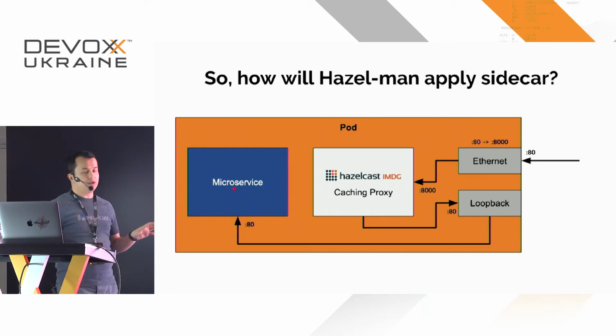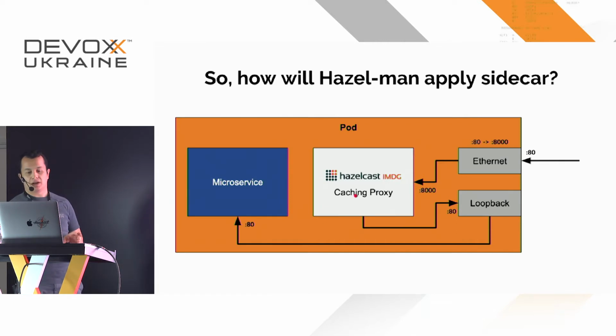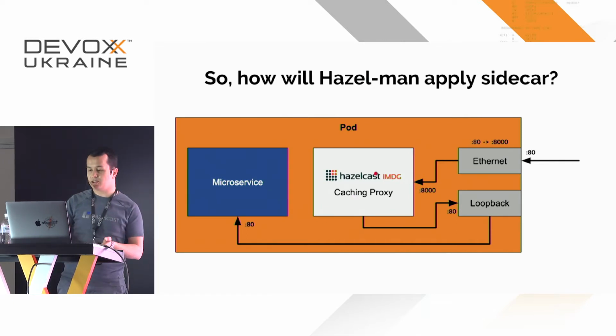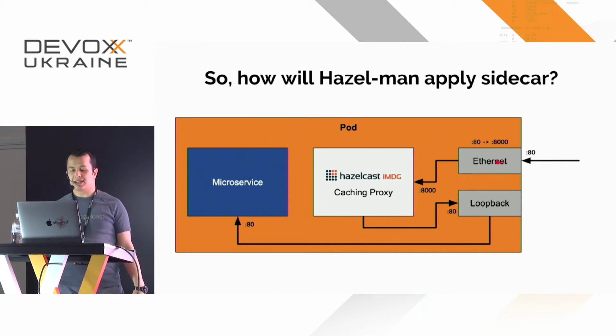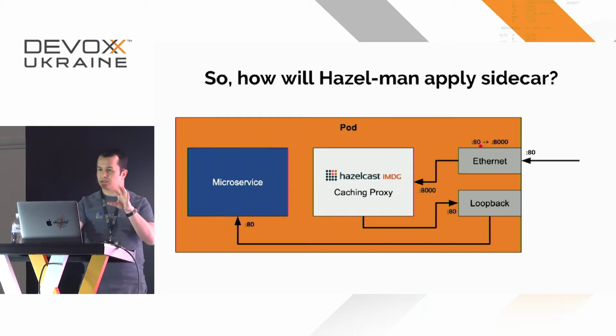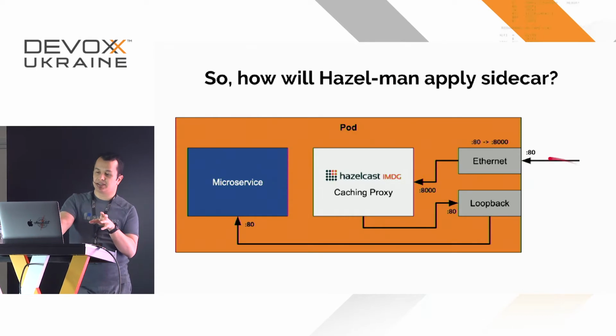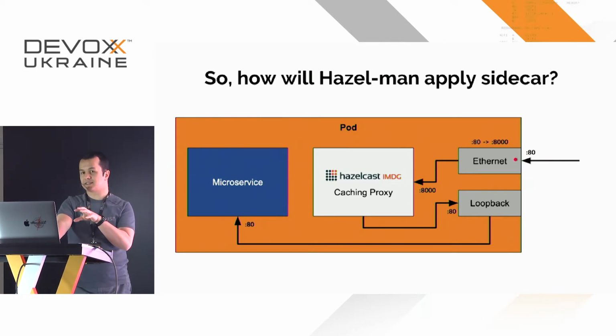And then we will have a caching proxy application, which is using Hazelcast IMDG. And then we will have some forwarding on the network layer. So the request will come to the Ethernet interface at port 80, and our forwarding will forward it from port 80 to port 8000.